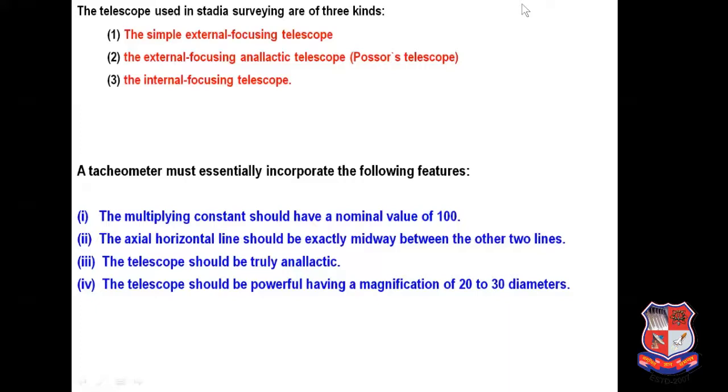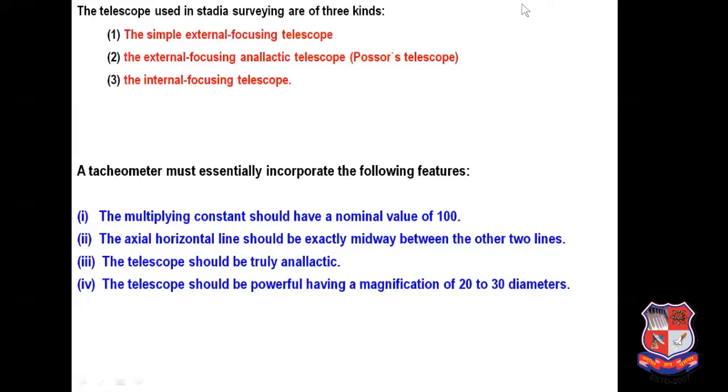The tachyometer must essentially incorporate the following features. Number one, the multiplying constant of the tachyometer should have a normal value of 100. The axial horizontal line should be exactly midway between the two other lines.